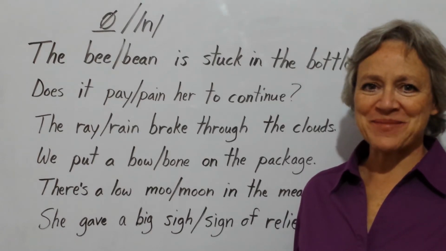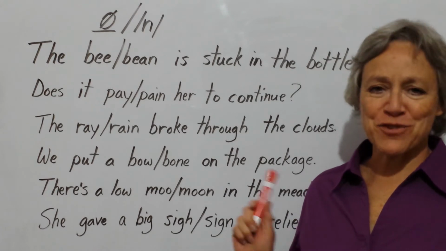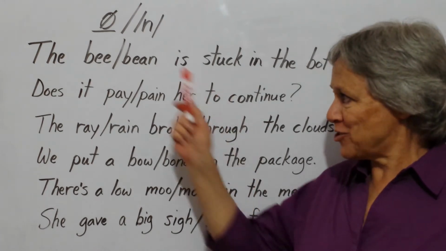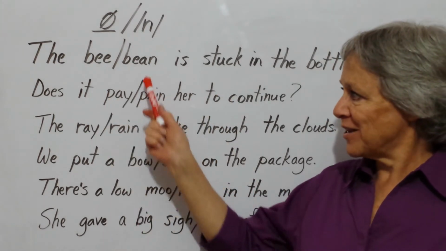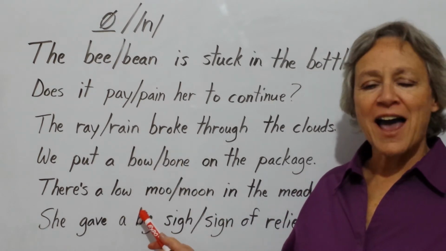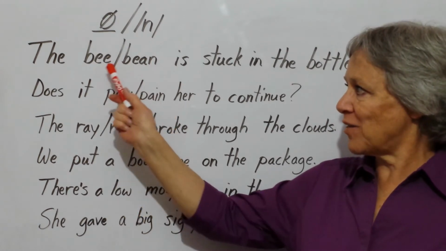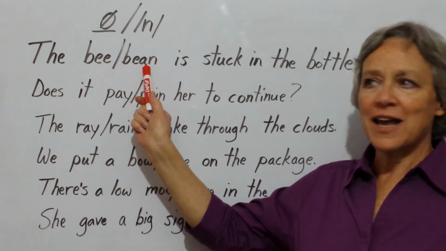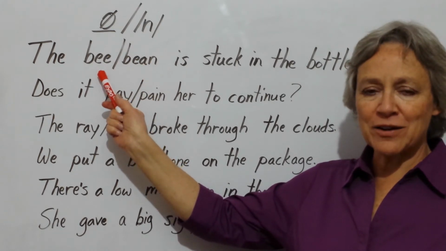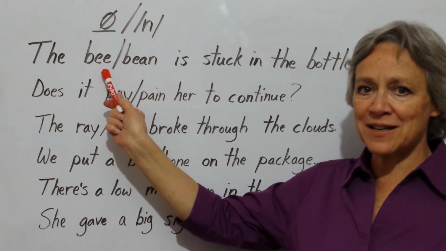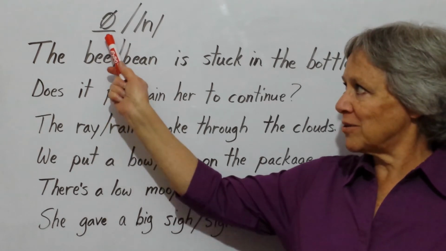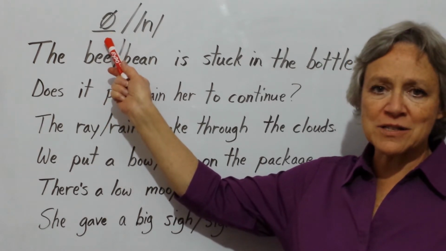It's quiz time. This is your first quiz. It's short, contains 6 sentences, and in each sentence I have a pair of words. The first word in the pair does not contain the sound, so I've represented it with the null symbol.